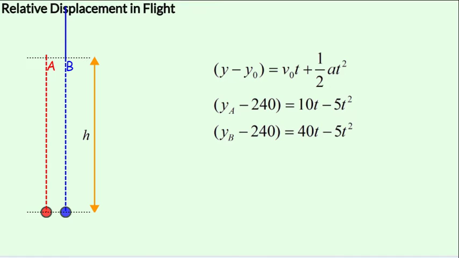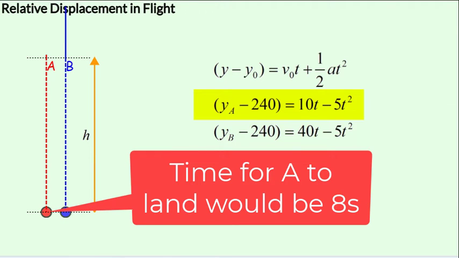In these equations, we can easily obtain the time taken by the balls to strike the ground. In this equation, if we substitute YA, the final displacement, as 0, then we will obtain the time as 8 seconds. This means that it takes 8 seconds for A to fall to the ground.